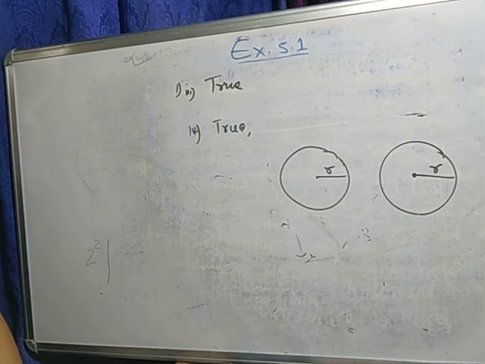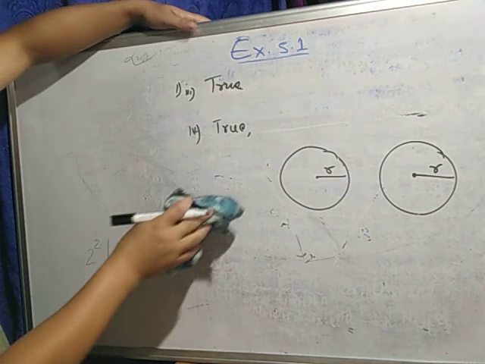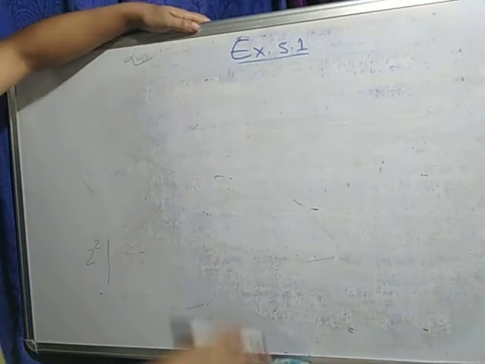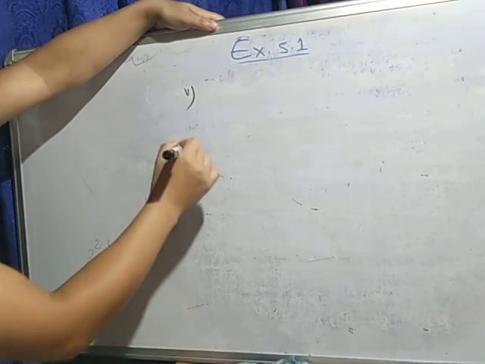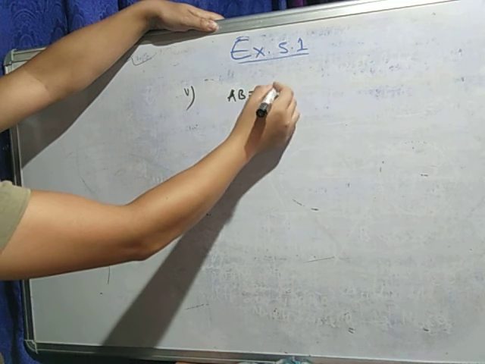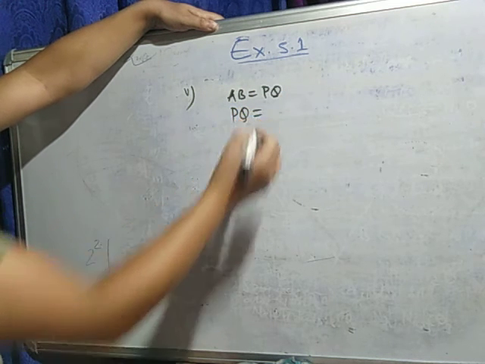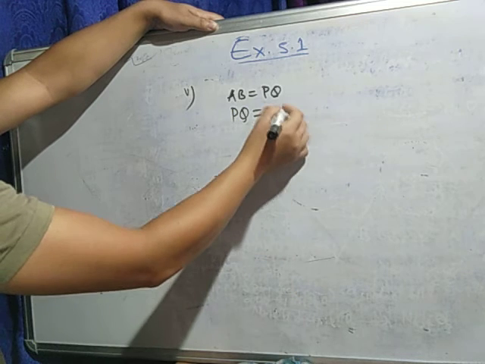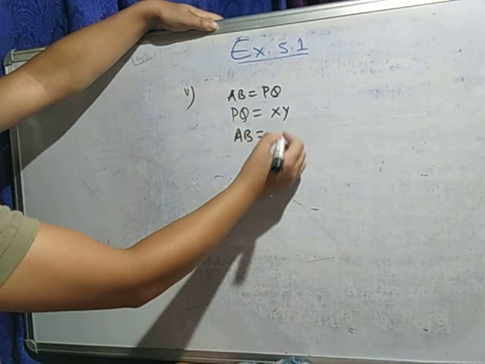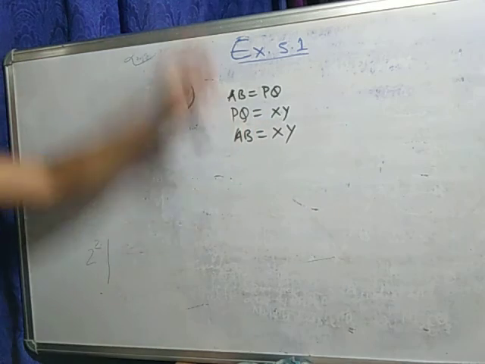Clear? So next, 5, true or false you have to write. This statement is also true. Why? Because it is given that AB equals PQ and PQ equals XY. Then AB equals XY, because this also equals PQ.